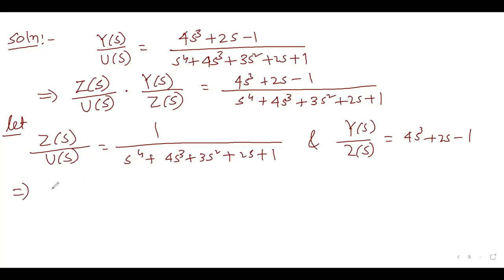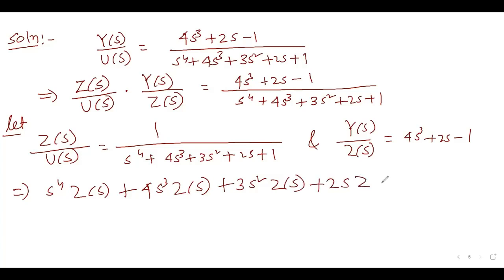This is case 1. s⁴Z(s) + 4s³Z(s) + 3s²Z(s) + 2sZ(s) + Z(s) is equal to U(s). Cross multiplying U(s) in this form, we can now take the Laplace inverse transform.